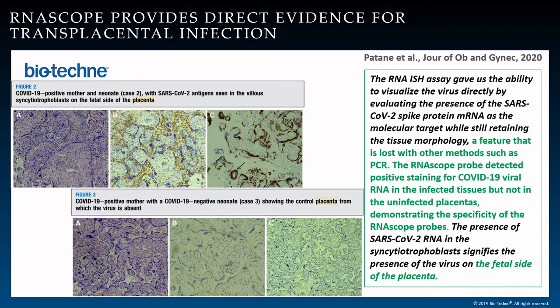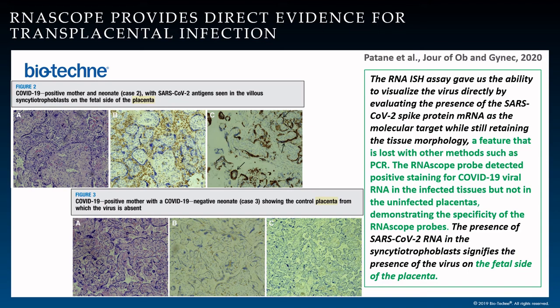This is an example where RNAscope was used to study placental transmission. This particular study is from Luisa Patani and other researchers, where they studied 2 cases that were SARS-CoV-2 PCR positive for mother, neonate, and placenta.